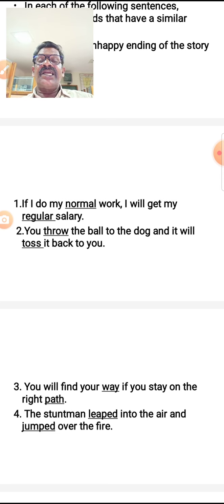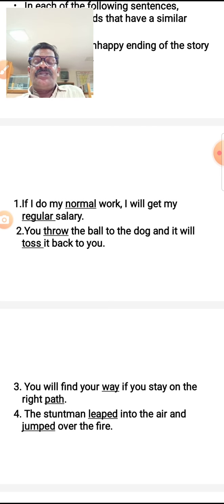Come to the second sentence. You throw the ball to the dog and it will toss it back to you. So the similar meaning words are throw, toss. So for your comfort, I have underlined those words, throw and toss, in the second sentence.